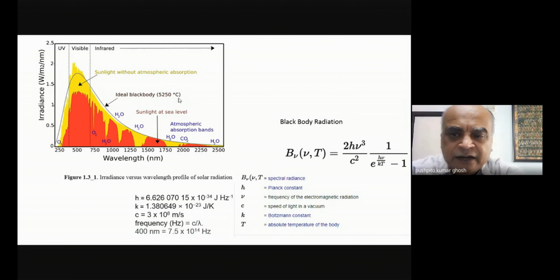This equation was worked out by Planck, and this is known as the spectral radiance.